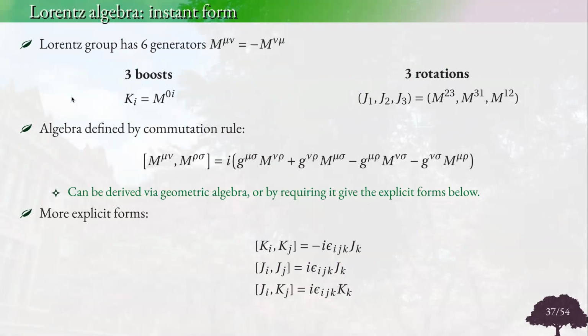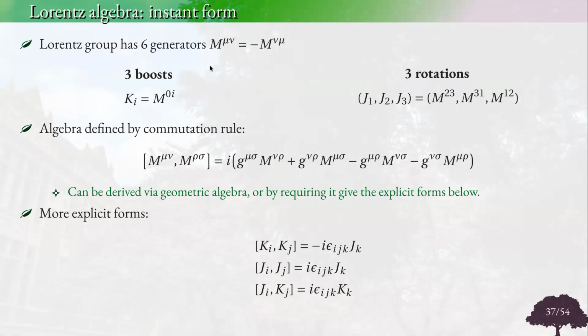So now we're going to get a bit into the weeds. The Lorentz group is a subgroup of the Poincare group, so we're not including space and time translations, just boosts and rotations. There are 6 generators to this group overall, 3 infinitesimal boosts and 3 infinitesimal rotations.